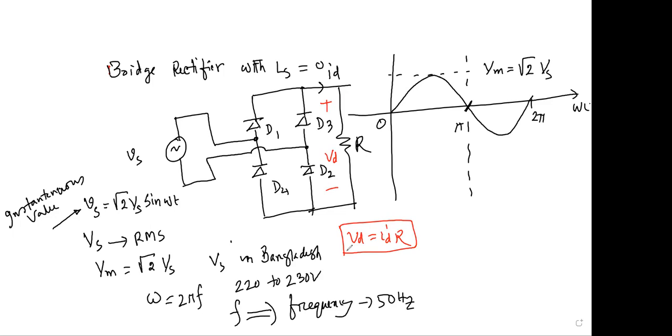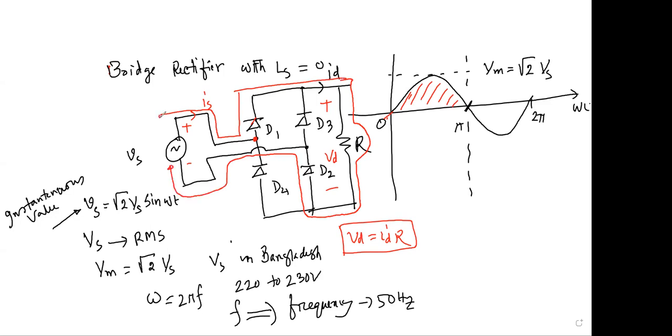What will happen? Suppose this is the positive half cycle. Look here, this diode is forward biased, so the source current starts going this way, this way, this way. Are you following my pen? Yes, sir.